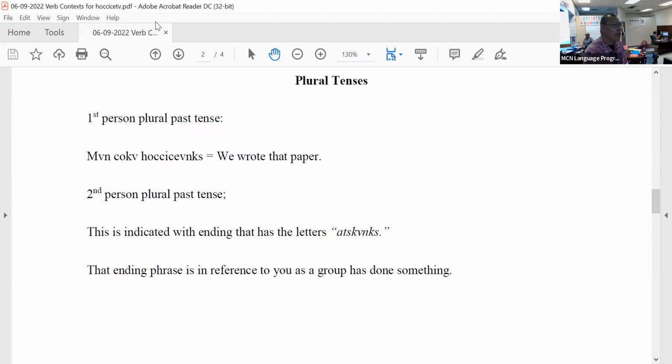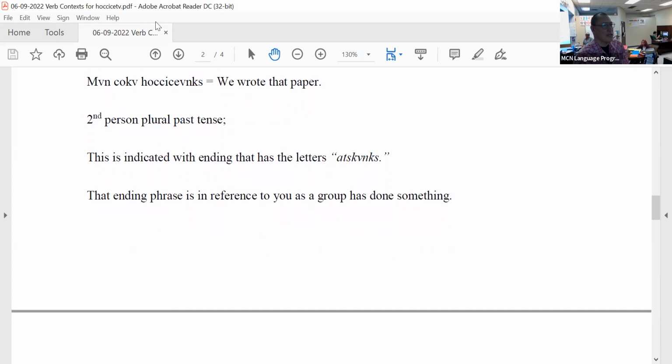Now, I'm going to get into plural past tense, like when I say atskunks or ATSKVNKS, which is pronounced atskunks. That is talking about you as a group.